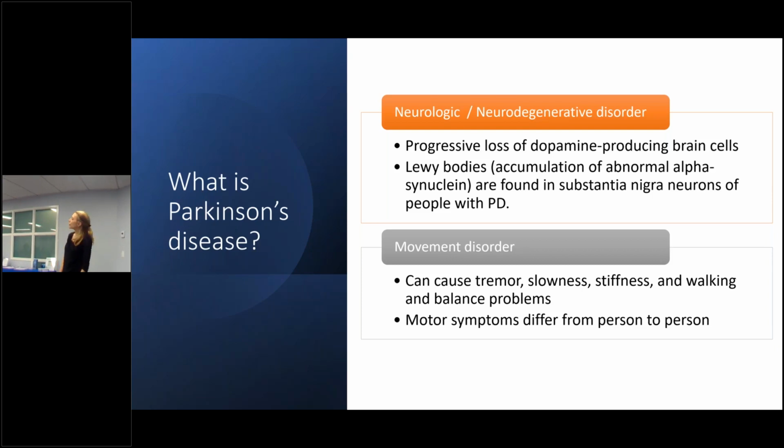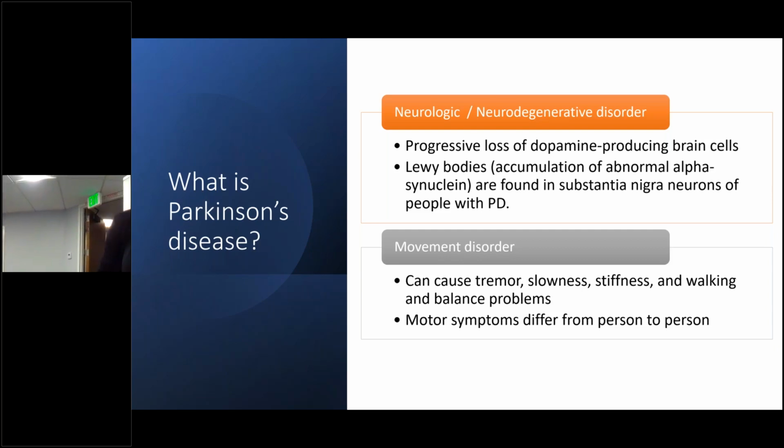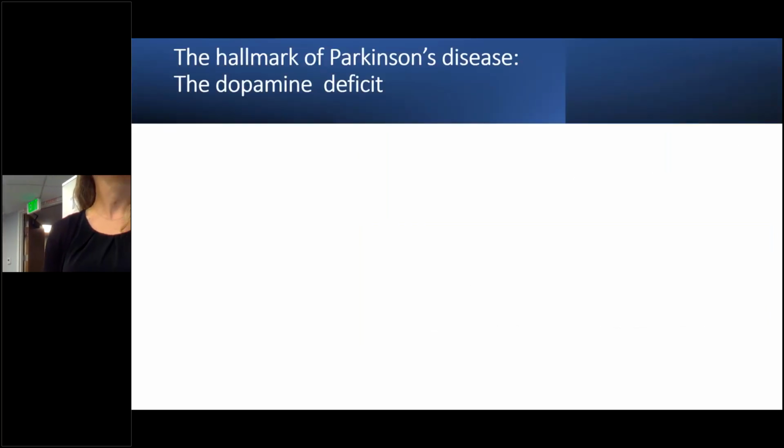So we can see that there's slowness of movement, perhaps on one side of the body more than another, stiffness, tremor, and that these motor symptoms are very unique. Not everybody has the same constitution of motor symptoms. So what may constitute Parkinson's for one person may be different for somebody else.